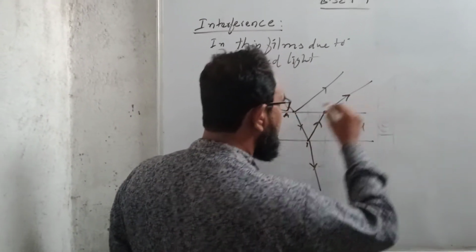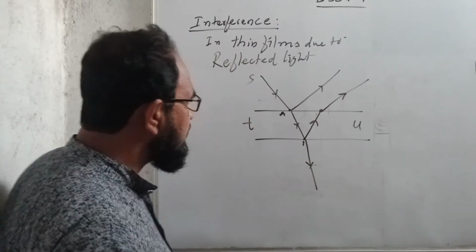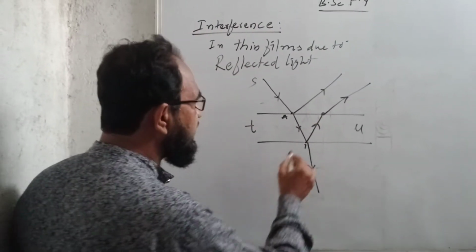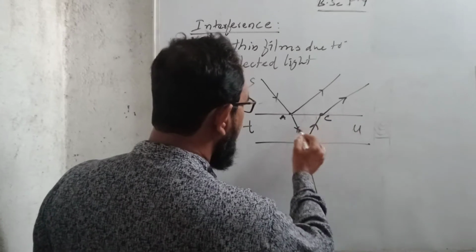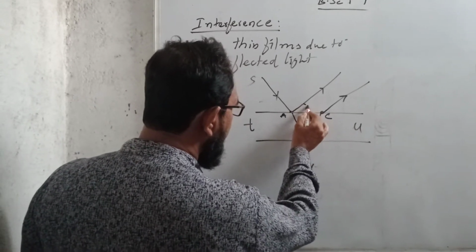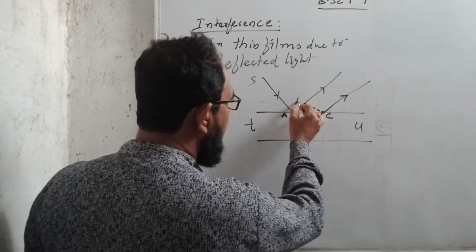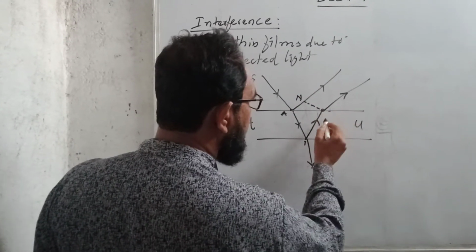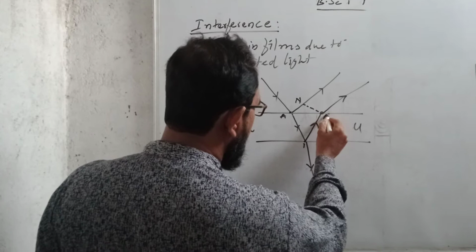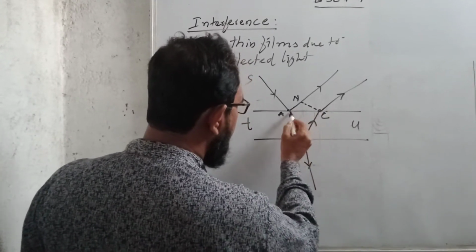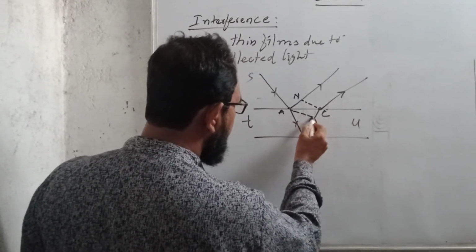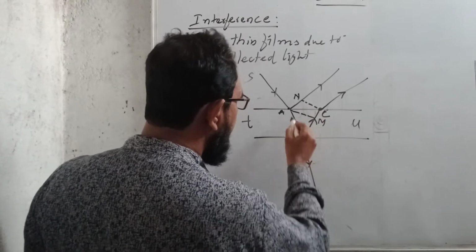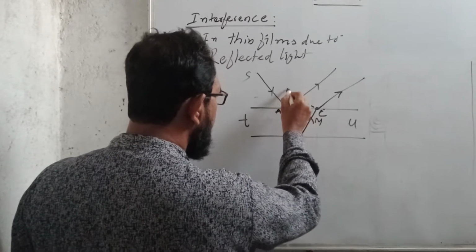Suppose this point is C, and I draw a perpendicular here as N, and a perpendicular here also, that is M. I will draw the normal here also.